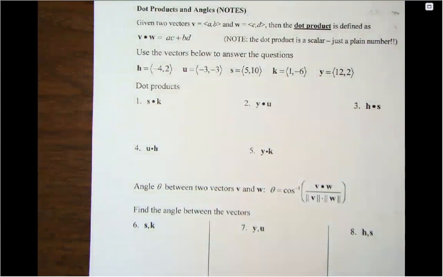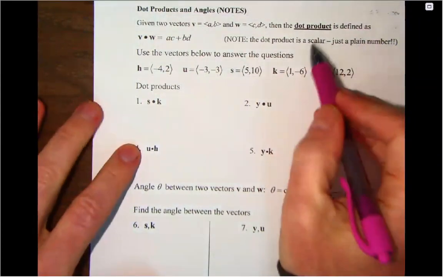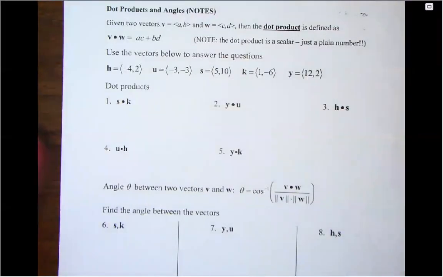When we do this thing called a dot product, it actually results in just a normal number. So your answer when you do the dot product is not a vector. It's just what's called a scalar. It's just a plain number. It can be negative, it can be positive, it can be zero. That's a special case we'll talk about in a second. But it's just a number.